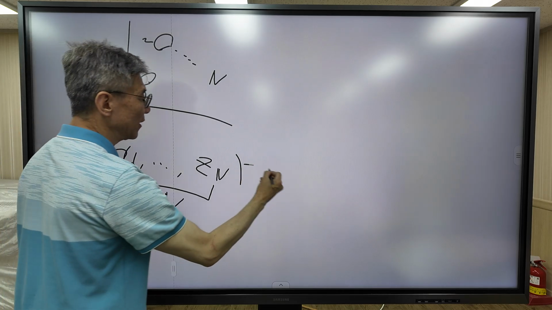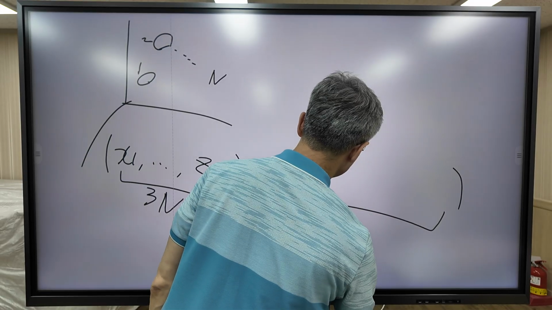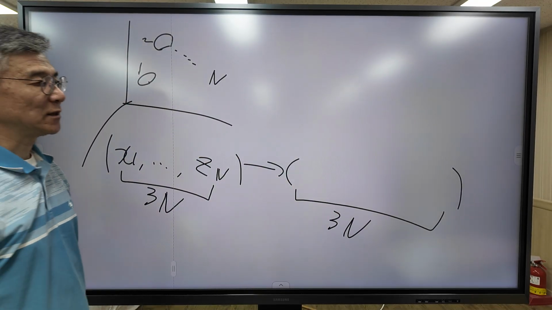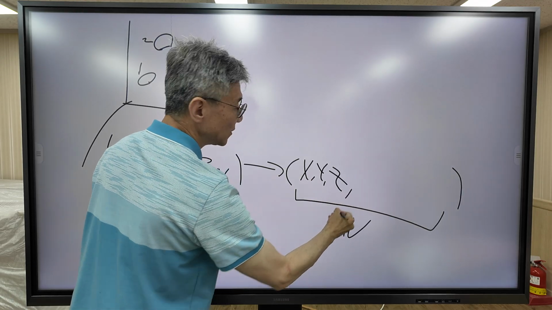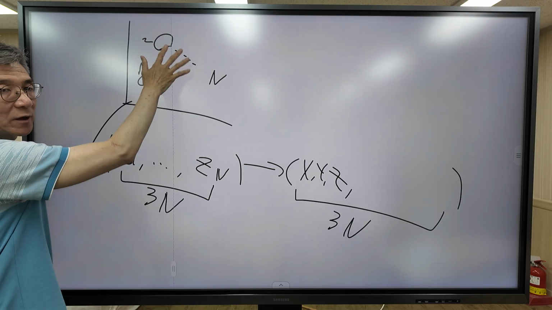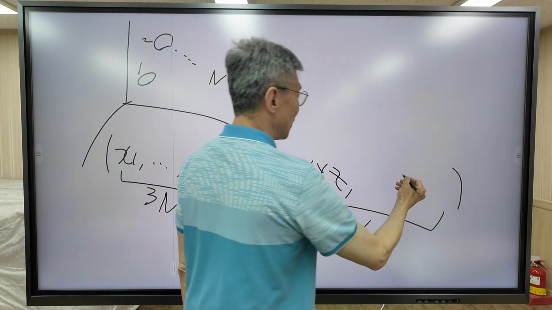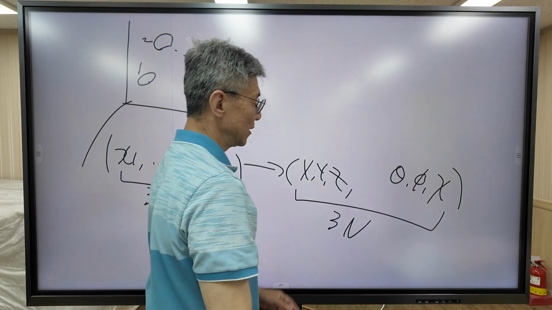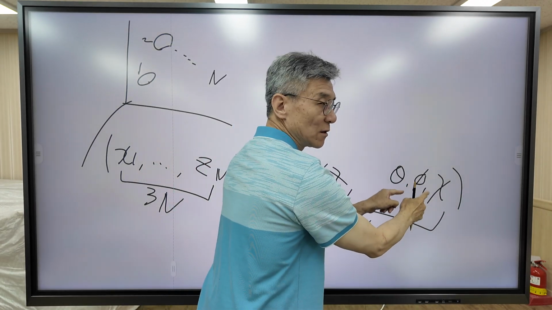So we are going to define 3n coordinates. The first 3 coordinates are definitely the center of mass, and to define the orientation of this molecule we need 3 angles: theta, phi, chi. This is the translational coordinate, this is the rotational coordinate.